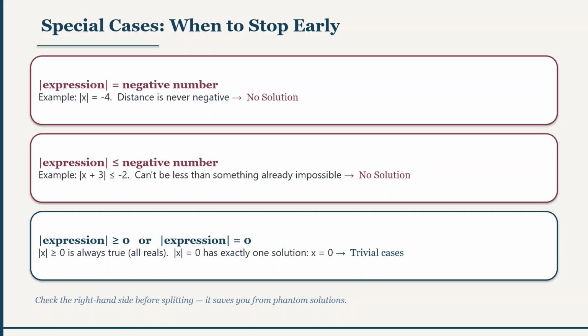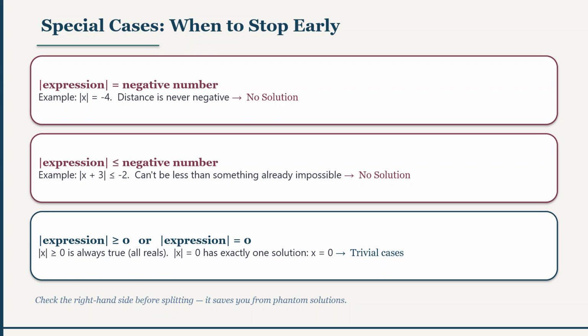These are trivial cases. The rule is, always check the right-hand side before splitting. If it is negative and the inequality demands the absolute value be equal to or smaller than that negative, there is no solution. This saves you from doing work that produces phantom answers.